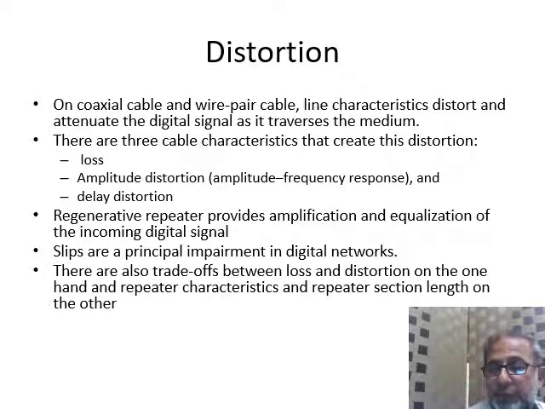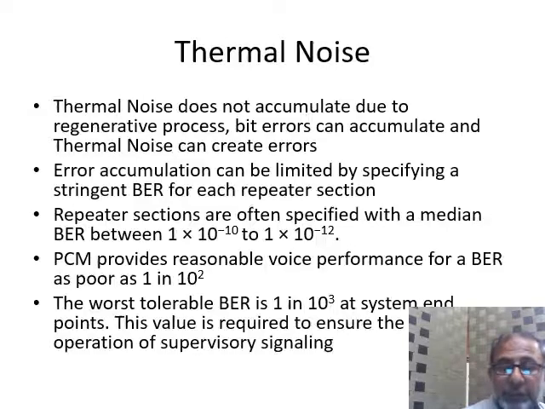Regenerative repeaters provide amplification and equalization of the incoming digital signal. Slips are a principal impairment in digital networks. There are also trade-offs between loss and distortion on the one hand and repeater characteristics and repeater section length on the other. Similarly, the thermal noise does not accumulate due to the regenerative process.